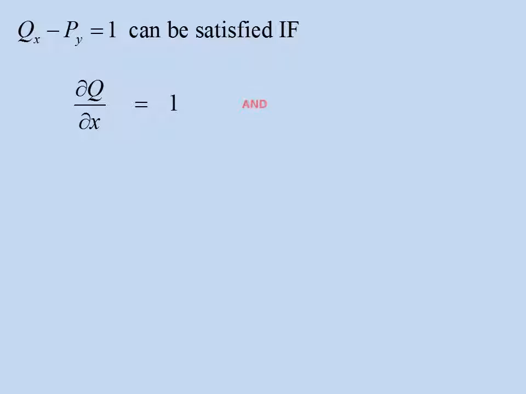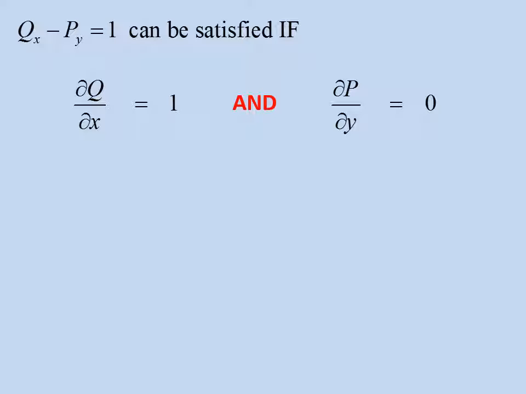Now here is one way in which the derivative of Q with respect to x minus the derivative of P with respect to y would be a 1, and that's for the derivative of Q with respect to x to be a 1 and the derivative of P with respect to y to be a 0.